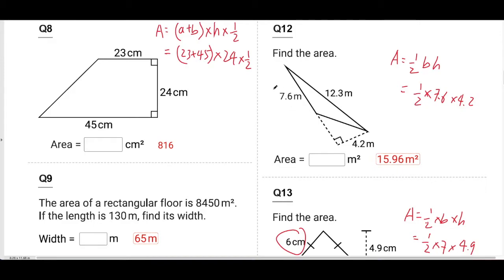Okay, so why is 7.6 the base and not 12.3? Well, 7.6, this line, forms a 90-degree angle with this line, right? So then this needs to be the base. So then you just type this into your calculator and you get 15.96. So just remember, the height is usually not a side of the triangle. Okay. All right, so that's the first question.